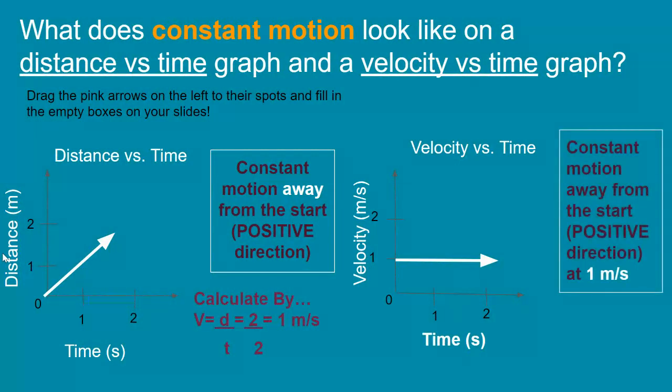Again, a constant motion away from the start, in the positive direction, constantly at 1 meter per second. So notice that when we have a constant motion, we actually have a flat line for our velocity versus time graph. These are describing the same motion. They don't look the same on the two graphs though, because the two graphs are graphing different quantities.